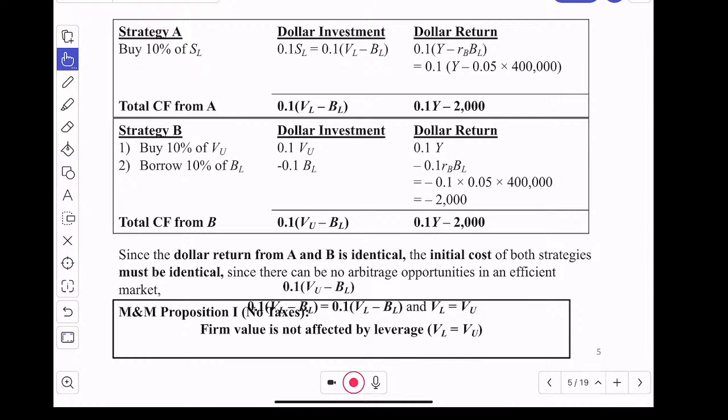So the dollar investment must be identical, and how can that be identical? Think about that while I clean this up.